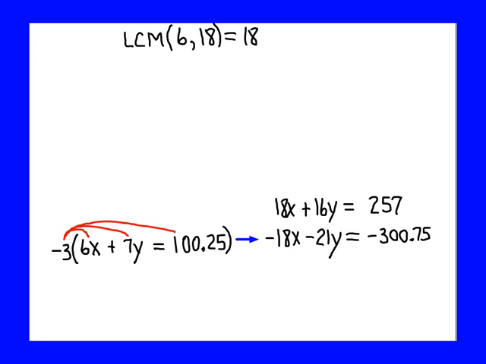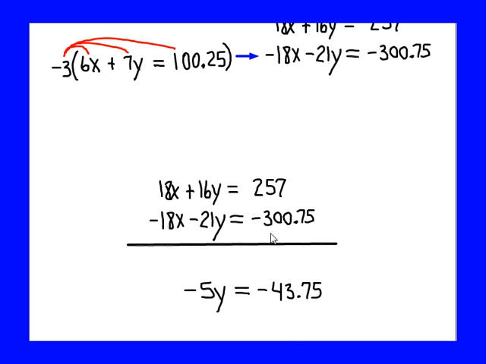So our second equation after being multiplied by -3 is -18x minus 21y equals -300.75. And just above that we have the first equation, which is 18x plus 16y equals 257. So now for the x terms, the coefficients are the same number but opposite in sign, meaning in this case they are additive inverses because -18 is the additive inverse of 18.